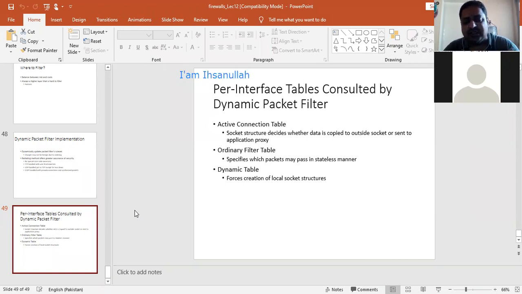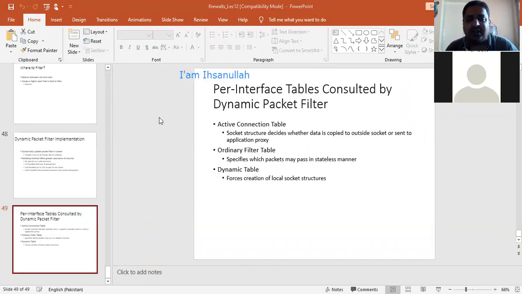Either it requires packet filtering, or application filtering, or circuit gateway filtering, or transport layer filtering. So depending on the type of requirement, we define such rules, and that's why different filtering tables can be used by a router.